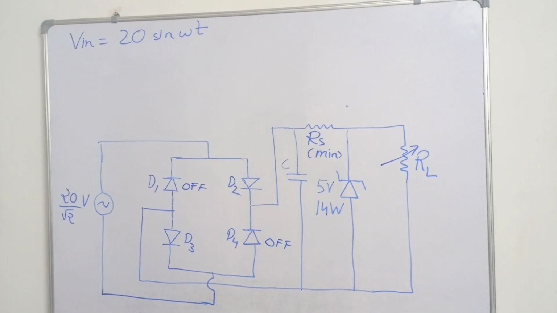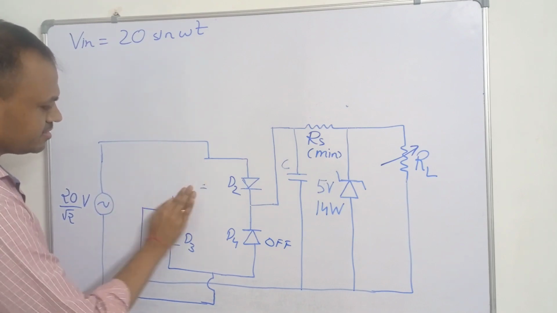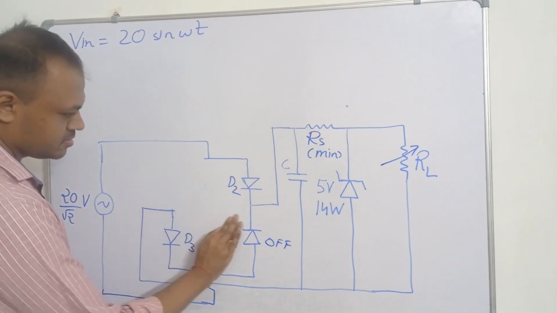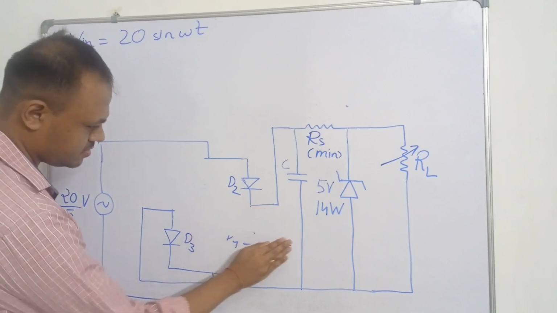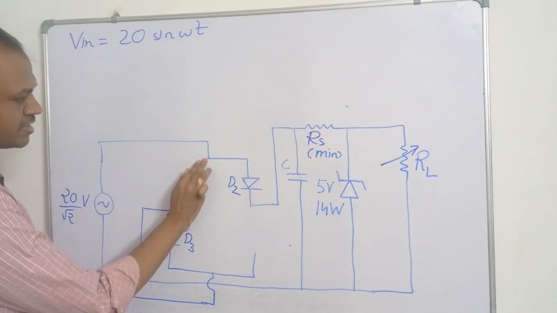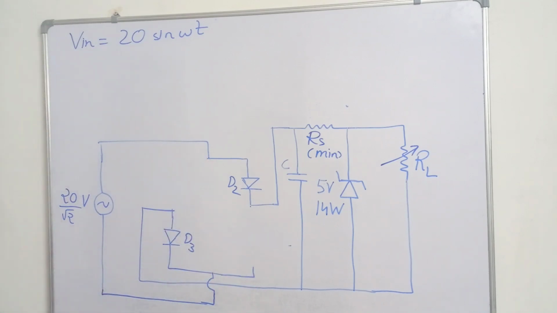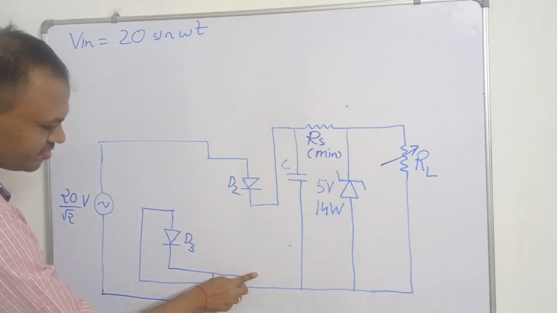So in the positive half cycle, D2 and D3 will be on. We can redraw the circuit like this. So this is off, so now this branch has no effect, and this also we can remove.